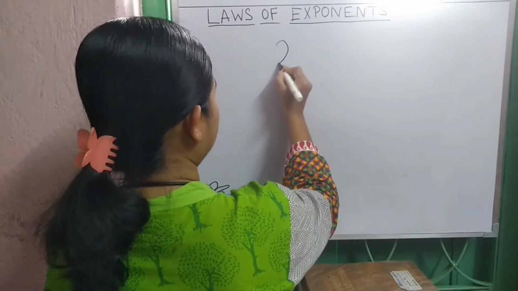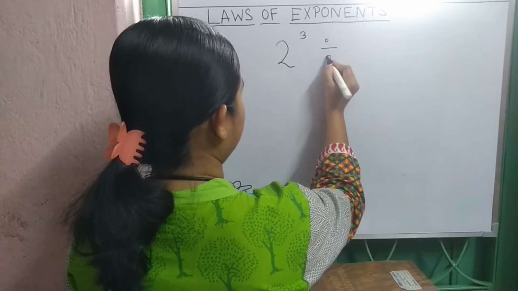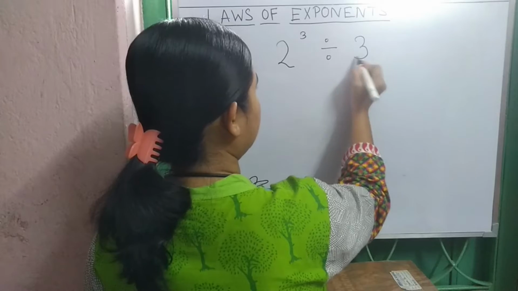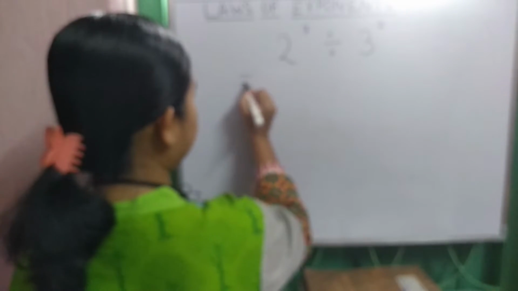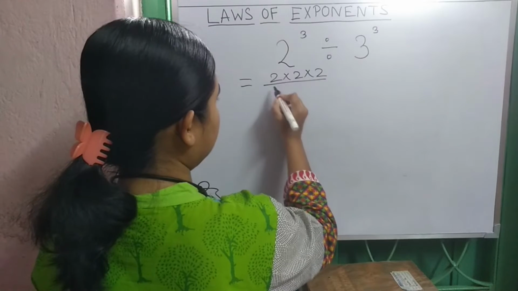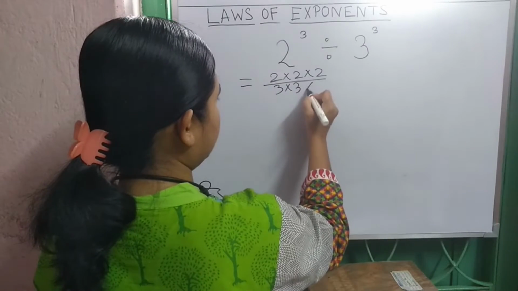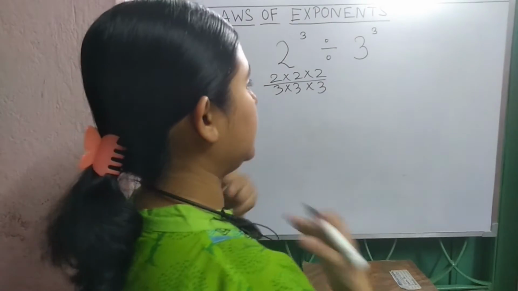Now come to the next formula. If I give you a question like 2 to the power 3 divided by 3 to the power 3, then how can you solve this? You can do 2 into 2 into 2 by 3 into 3 into 3, and by solving this you will get an answer.